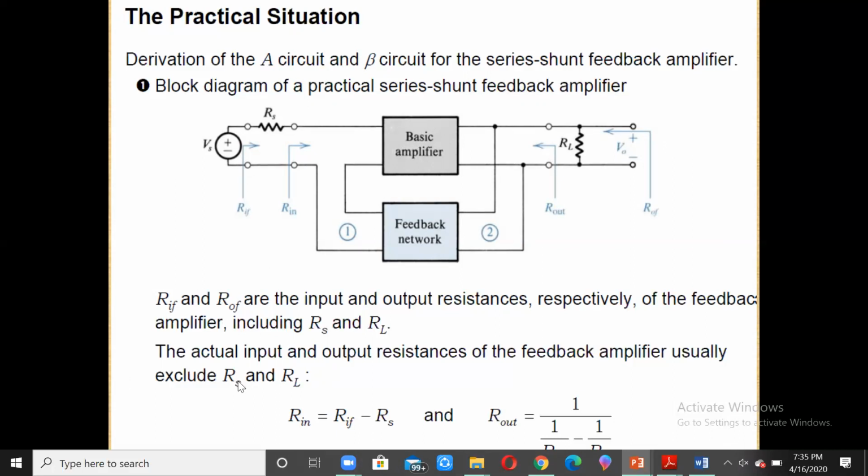RIF and ROF are the input and output resistance respectively of the feedback amplifier, including RS and RL. The actual input and output resistance of the feedback amplifier usually exclude RS and RL, but now we need to include them. So now Rin, that is the impedance over here, is equal to RIF minus RS.